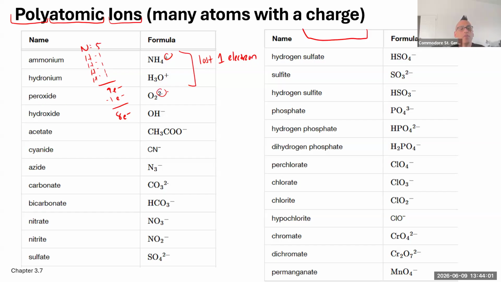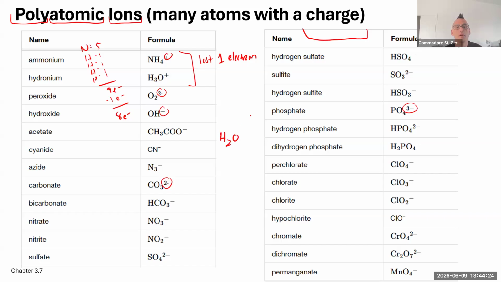Peroxide has a 2 minus charge. Hydroxide has a 1 minus charge. Carbonate has a 2 minus. There's phosphate with a 3 minus. There's something called phosphite that also has a 3 minus, right? So it's many atoms with a charge, right? And you have neutral compounds too, right?